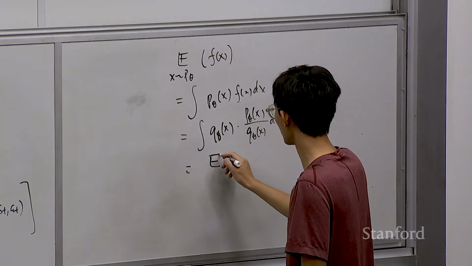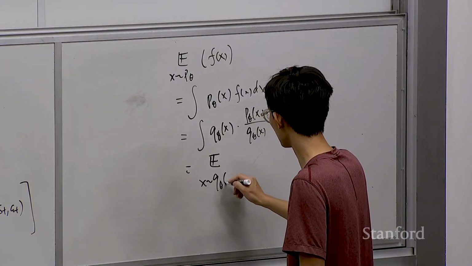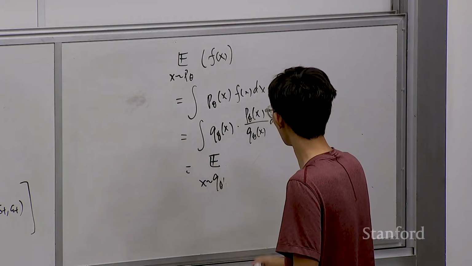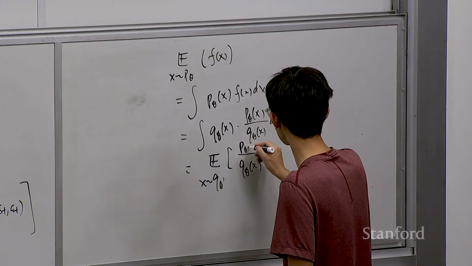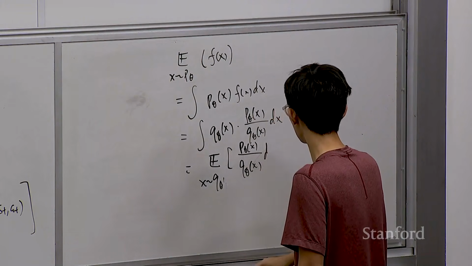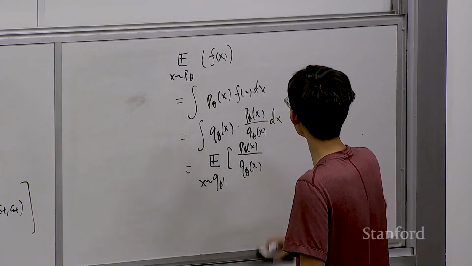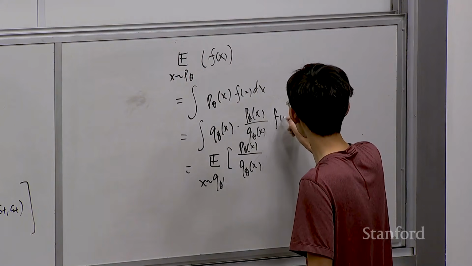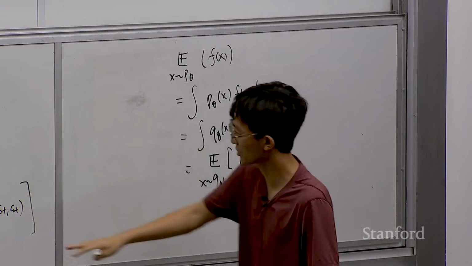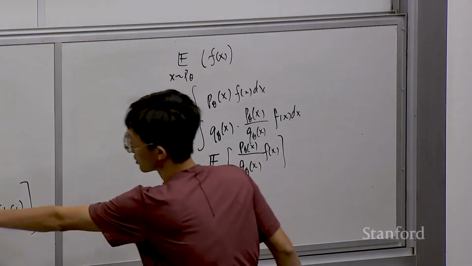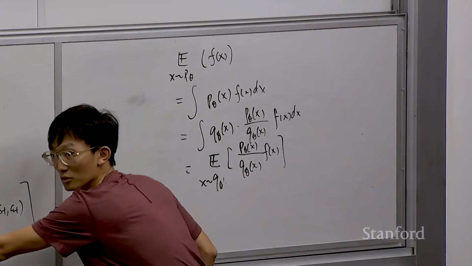You say the expectation over x coming from q theta, and I'm left with the ratio between q and p, times f(x). This is very analogous to this: this is p, this is q, and this is q, right?